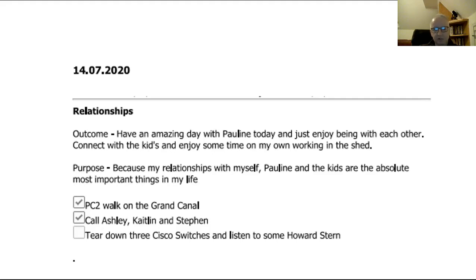In this example, for my relationships, you'll see I've got 3 things down there because, remember, these are the 3 things that I believe if I do them will produce 80% of the positive results, that it'll be a really good day with my relationships if I can get these things done and do them to a suitable standard.